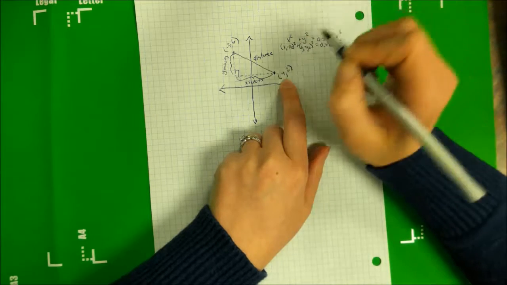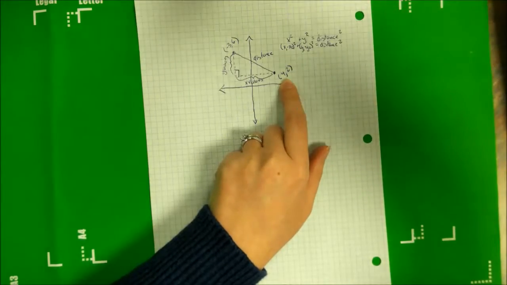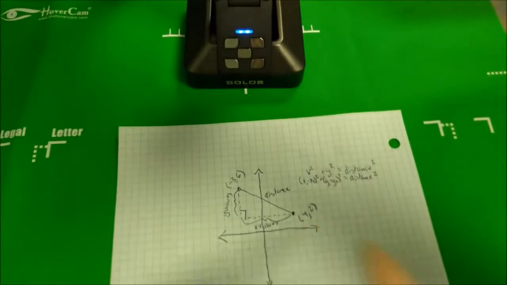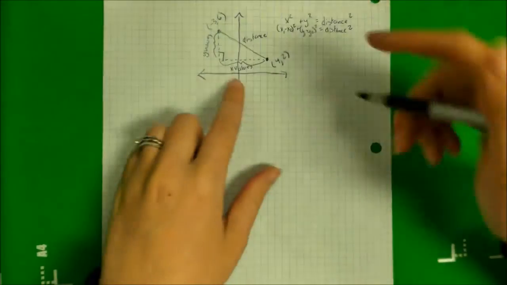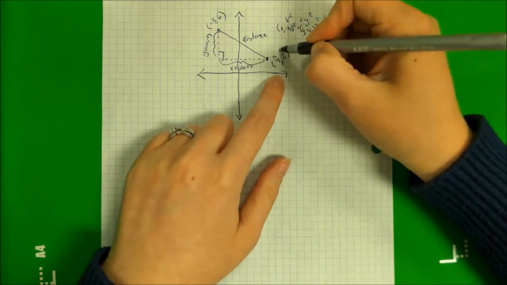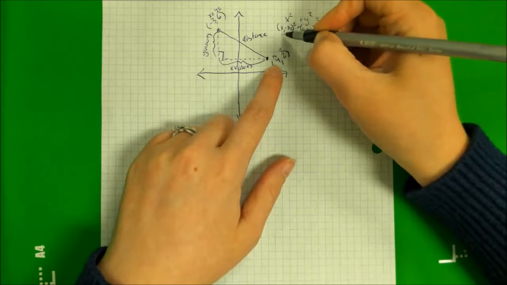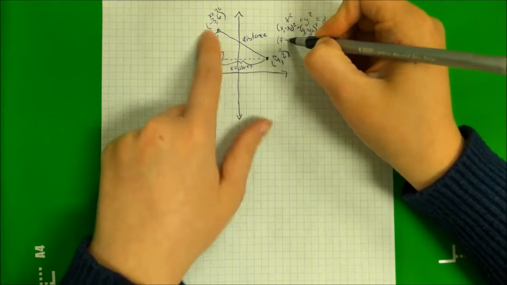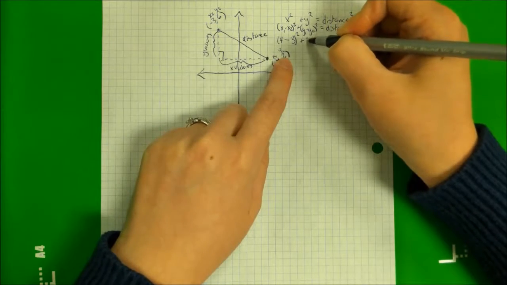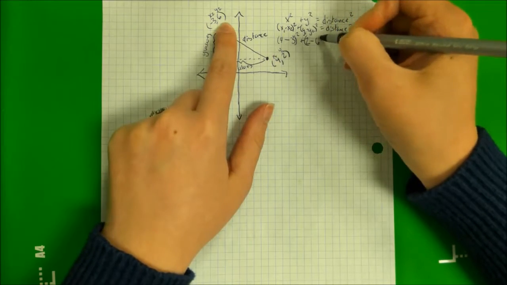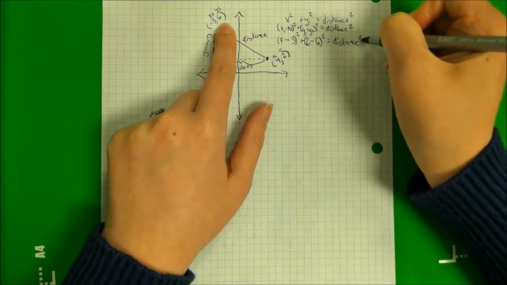So x1 minus x2 squared plus y1 minus y2 squared is the distance squared. I'll zoom in a little bit so you guys can see a little bit better. Okay. So here's x1, y1, here's x2, y2. So I'm going to do 4 minus negative 3 squared plus 2 minus 6 squared is my distance squared.